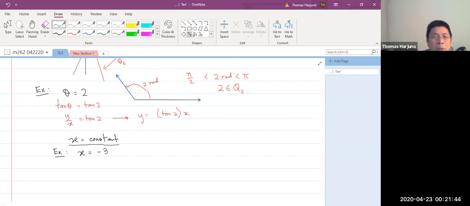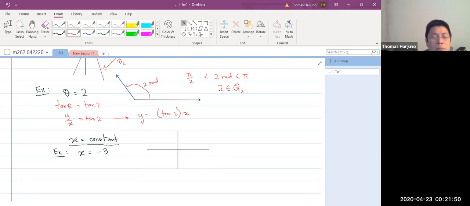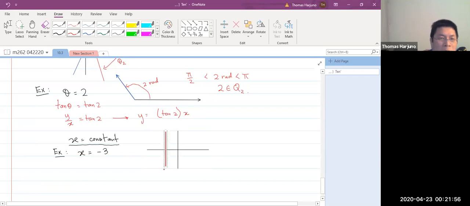You know what the picture looks like. X equals negative 3, like this, right? Now we know what the graph looks like, but how do we write that in the polar coordinate system? Now we know that x is r cosine theta.